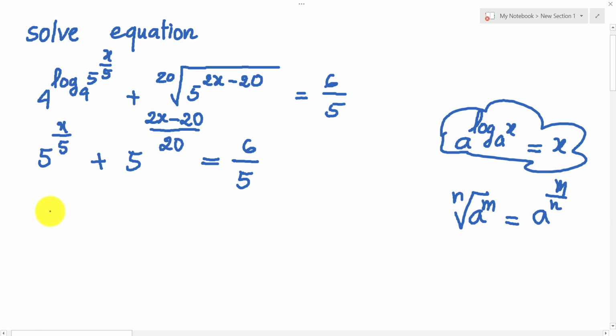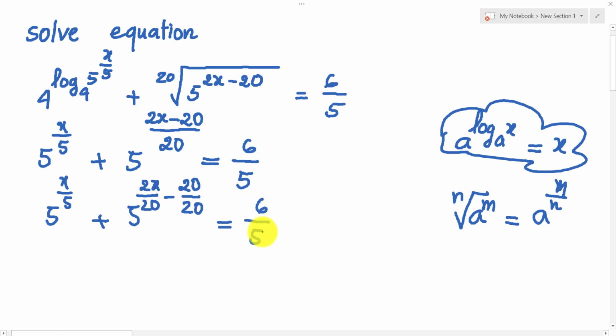And I can write 5 power x over 5 plus 5 power 2x over 20 minus 20 over 20 equal 6 over 5.